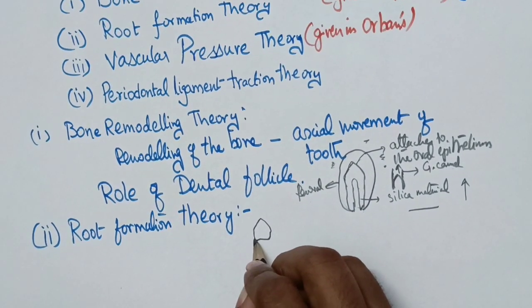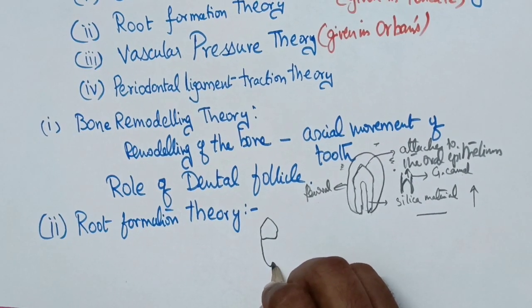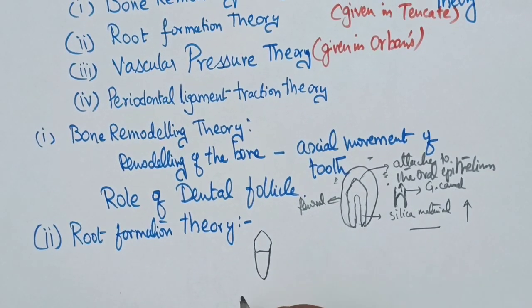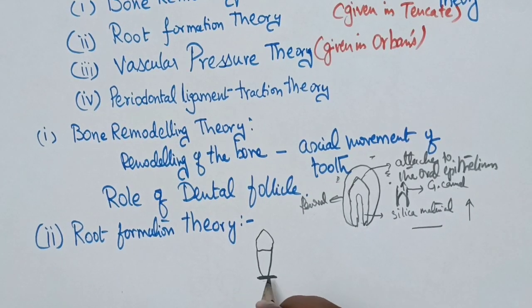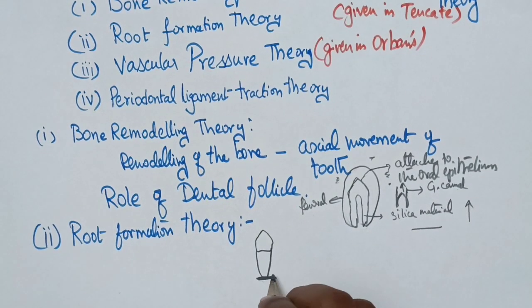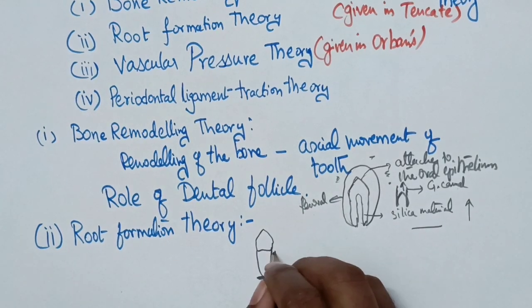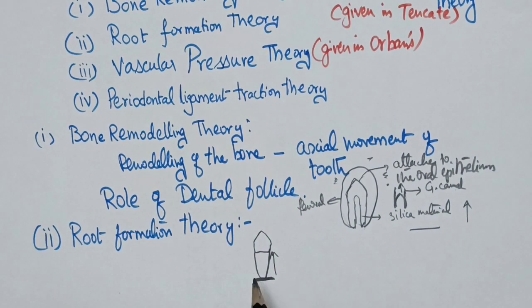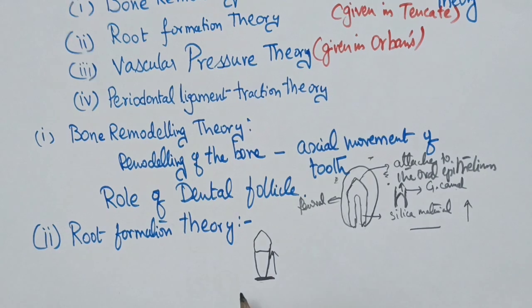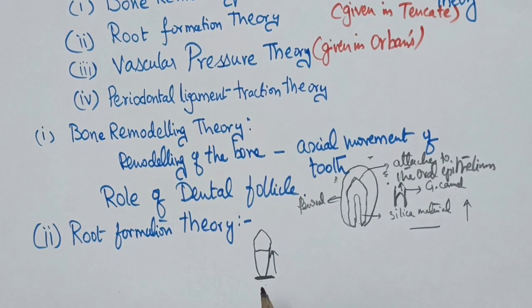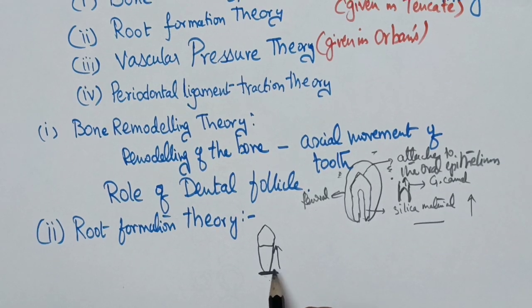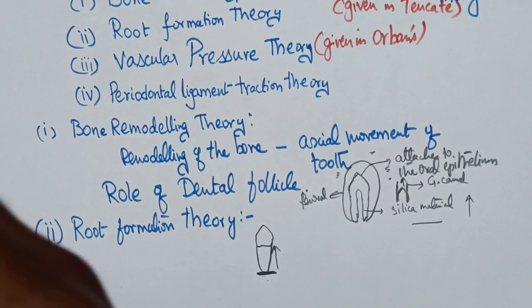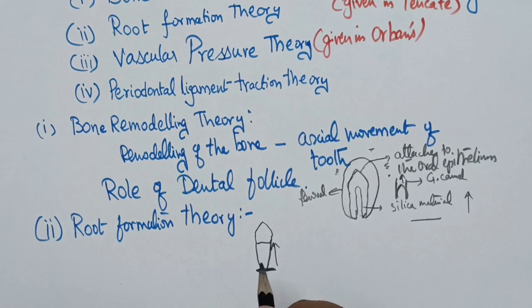The root should elongate and hit a fixed base. This helps in the forward movement of the tooth structure. This elongation and hitting the fixed base, the bony crypt area, causes movement of the tooth in its axial position, or the occlusal position.